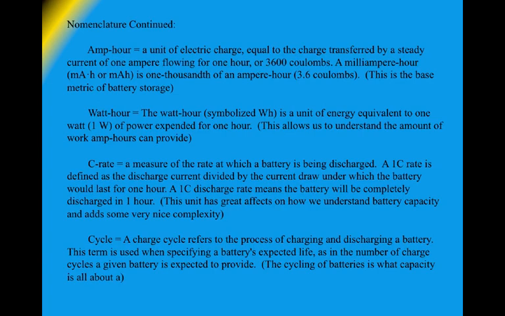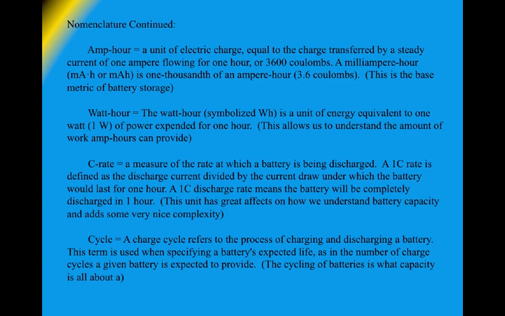To continue, we want to discuss capacity, and so we're going to have to be able to look at the amount of charge available for a period of time. This leads to terms which are commonly used, including amp hour, which is a unit of electrical charge equal to the charge transferred by a steady current of 1 ampere flowing for 1 hour.